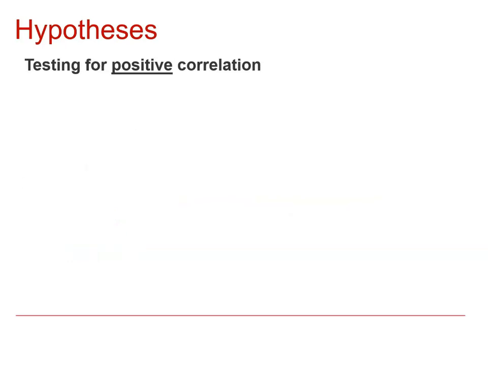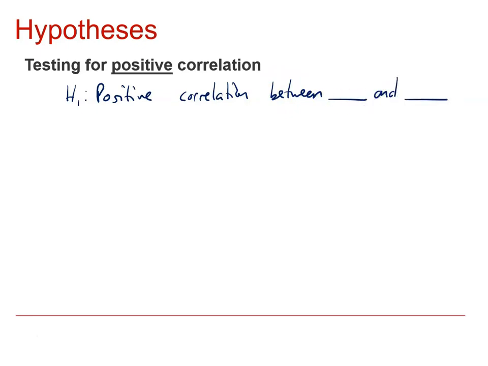If we're testing for positive correlation, that is a one-tailed test or one-sided test. Our alternative hypothesis will look like this. Positive correlation between whatever the first variable is and whatever the second variable is.